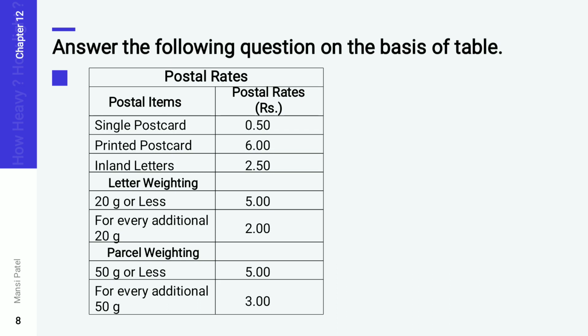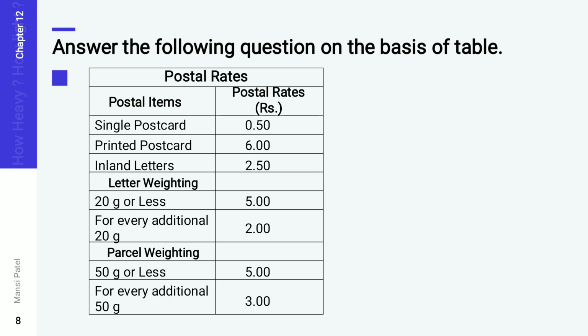Now below that it is written that for every additional 20 gram, meaning 20 plus 20, that is 40 gram, till 40 gram you have to pay rupees 7. How does it come to 7? 5 plus 2.